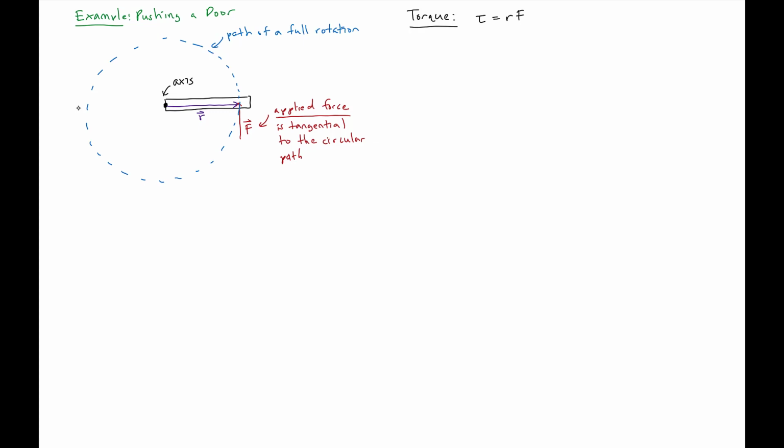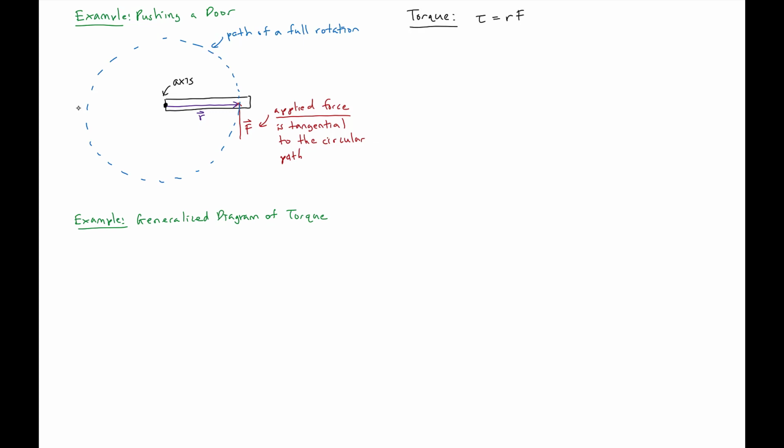Let's draw an object, and then somewhere off to the side, let's draw a dot to represent the axis of rotation. So we're going to generalize our door. So here is another example. So we want to call this a generalized diagram of torque.